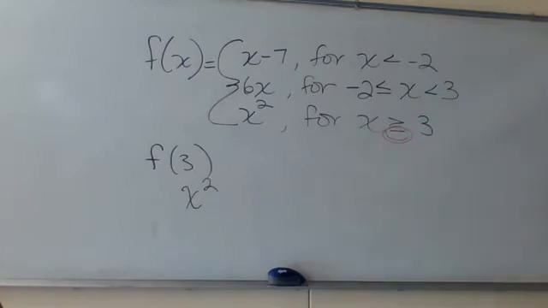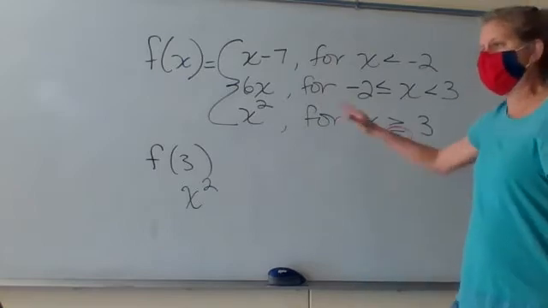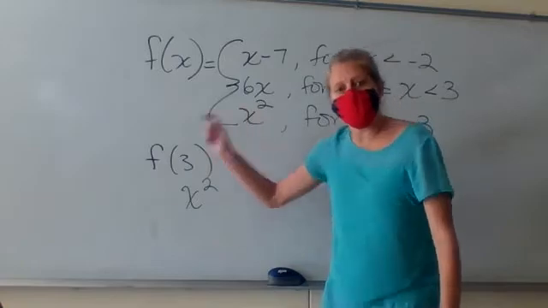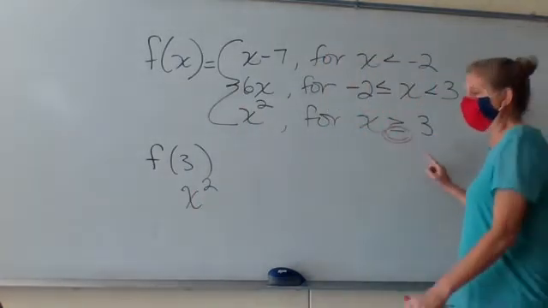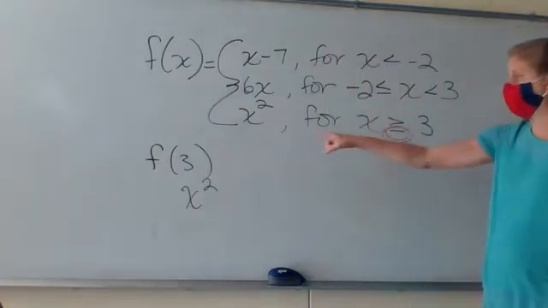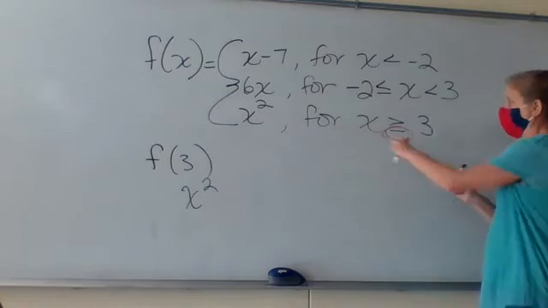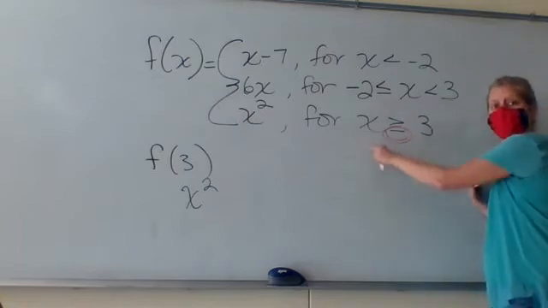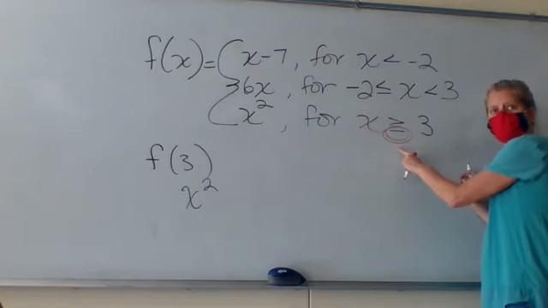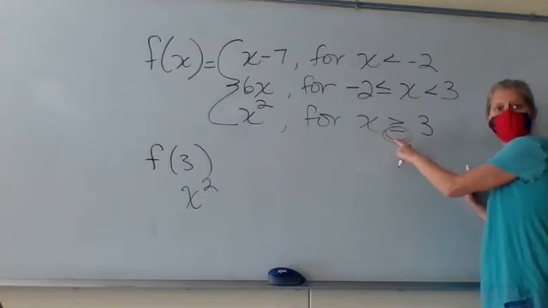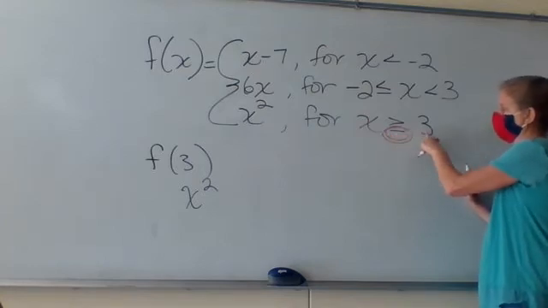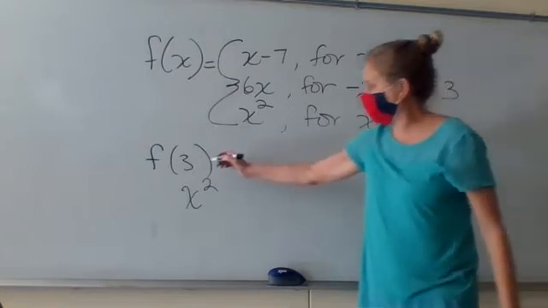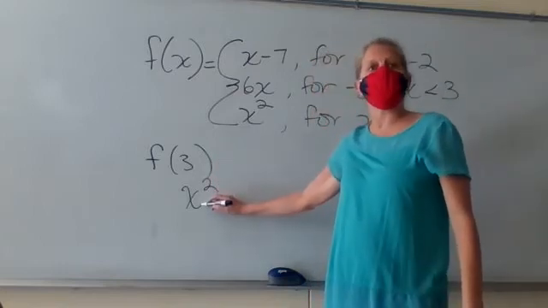Now, I'm going to jump and do 10 and 11 because they go right along with this, okay? It actually takes it to that next step. If I was going to actually find f of 3, the first thing you have to do is find which piece it goes in, which is this bottom piece, right? Since x equals 3, I plug it in for x squared.